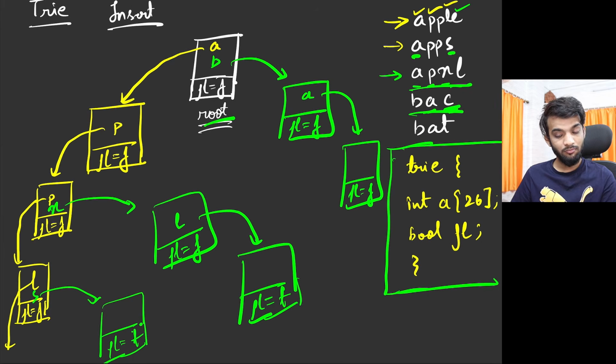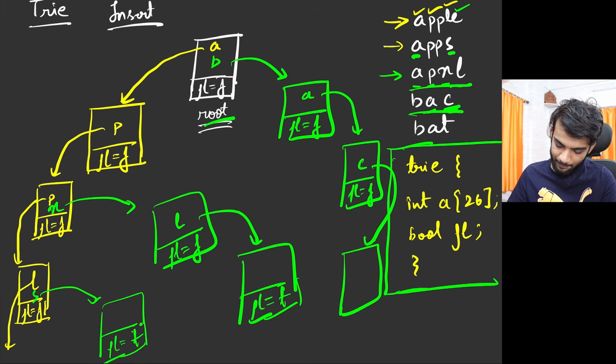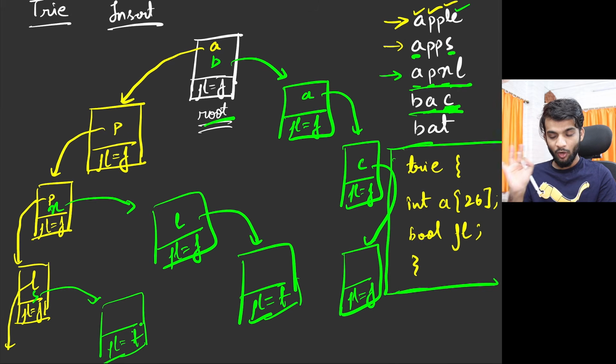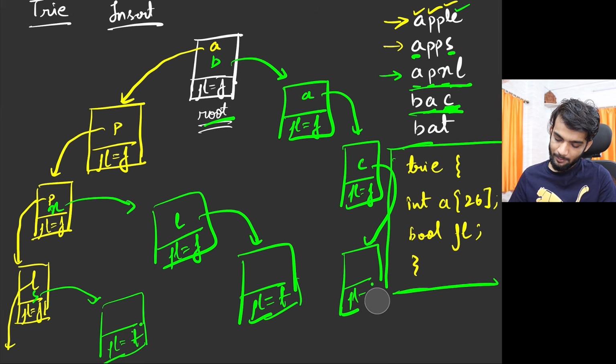Do you have a C? No. Create a C, create a reference trie and make flag equal to false. Now the moment C is over, the moment the word is over, just go back, and the last reference where you are standing, make sure that's marked as true. That is the only thing that you have to do.